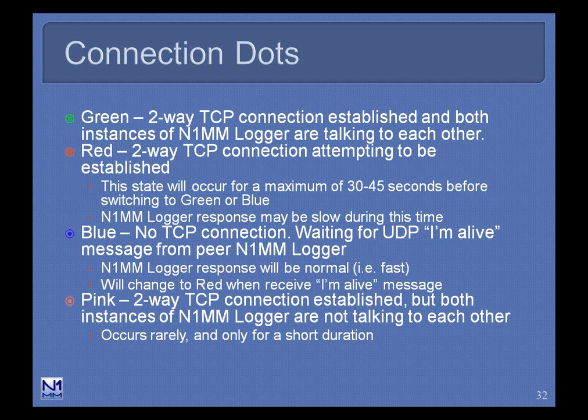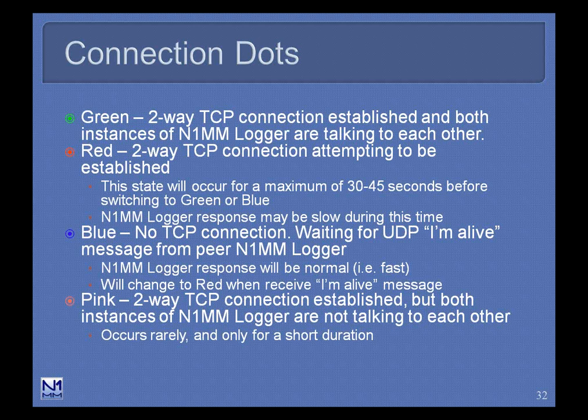The blue state basically means that you're no longer actively trying to set up a TCP connection. All you're doing is waiting now for a UDP message to come from your peer, the other N1MM Logger instance on the other computer, that says, hey, I'm alive now.